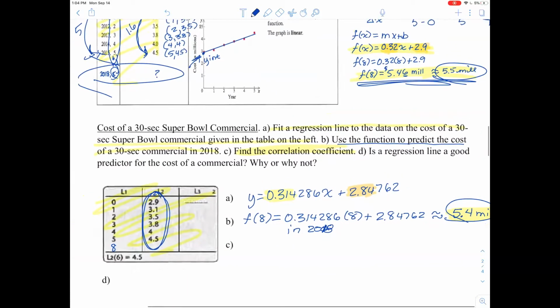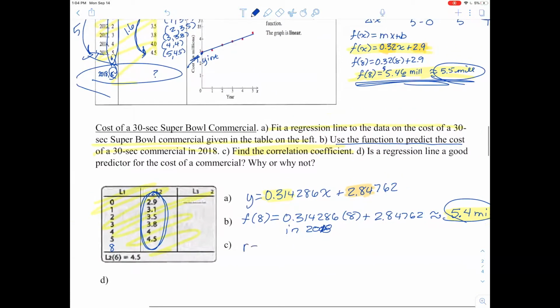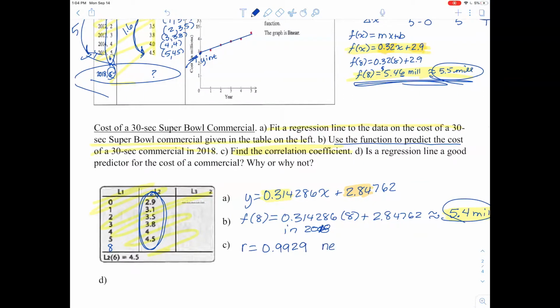All right, so there's that. What's the correlation coefficient? We'll go back and get it. Well, I remember what it was. It was 0.9929. Okay, so that was our R value, or correlation coefficient, which is nearly perfect, positive correlation. It's almost 1.